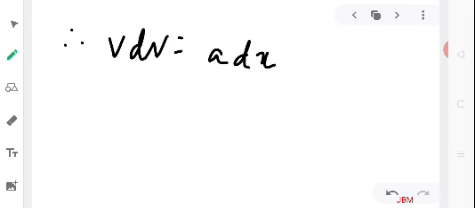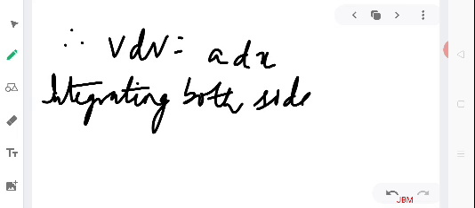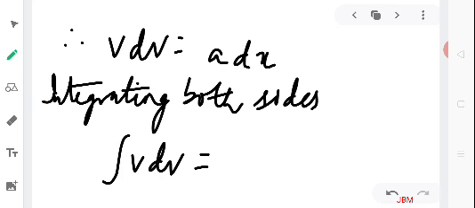At this point comes the important step. Integrating both sides, and obviously we have to take care of the limits. Integral v dv equal to, can I skip one step? You already know that acceleration is the constant term, so why can't I write it outside?